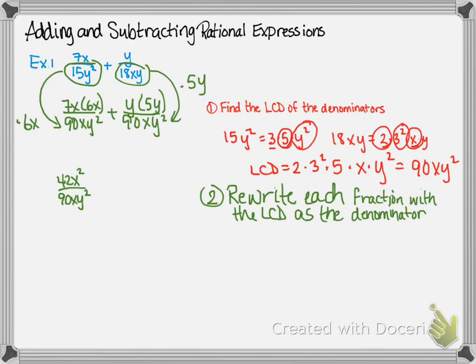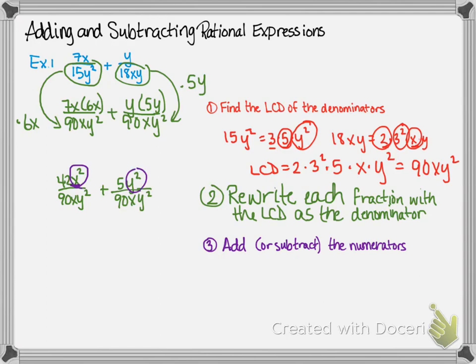So simplifying, 7x times 6x is 42x squared over the 90xy squared, plus y times 5y is 5y squared over 90xy squared. Step 3, let's add or subtract, but in this case we're adding the numerators.